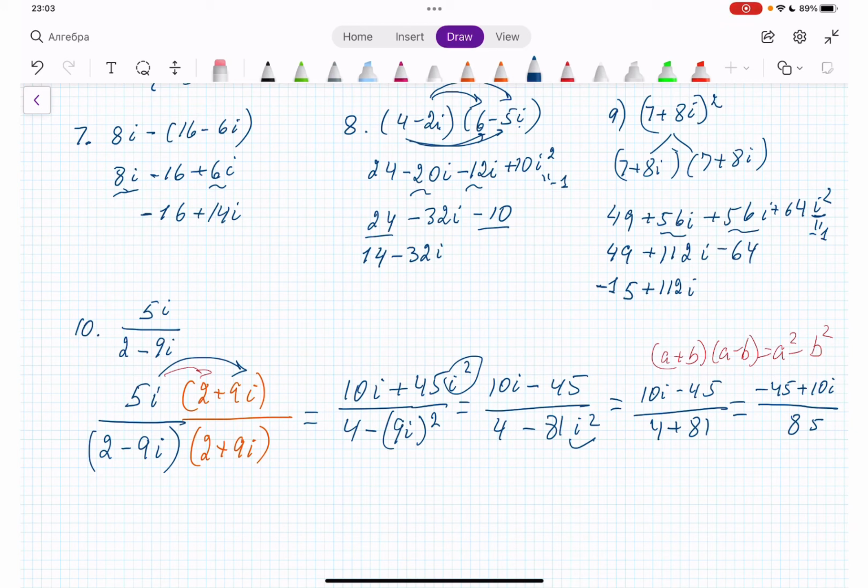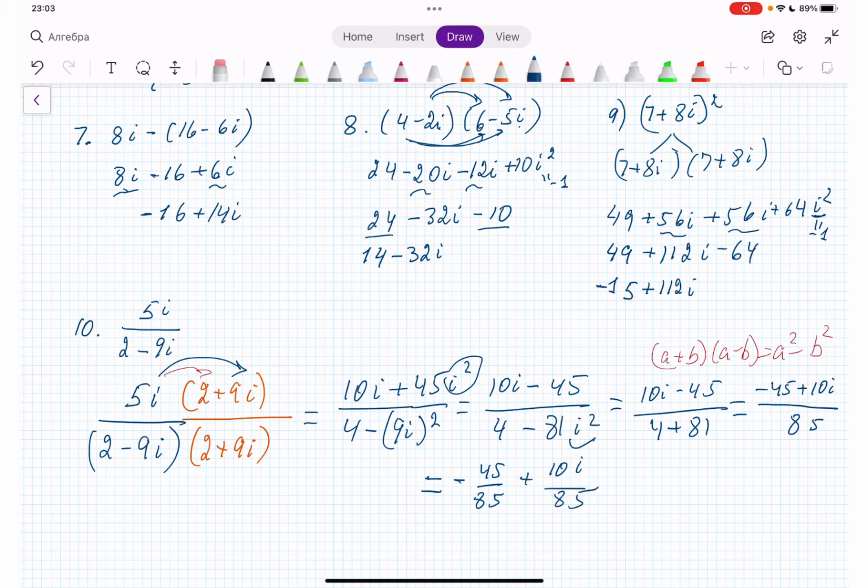But we can simplify. Let me simplify further. So the way Pearson simplifies, since this is a common denominator 85, I can write negative 45 over 85, and then plus 10i over 85.